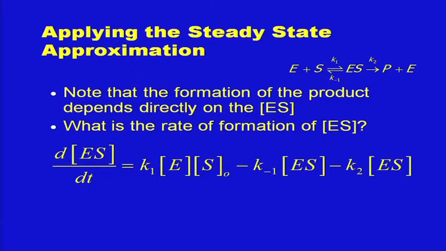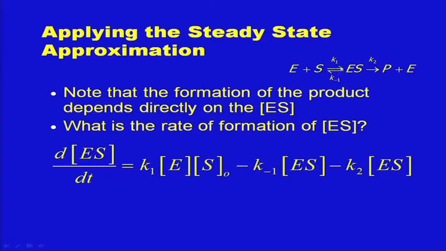Now, what is the rate of formation of ES? Rate of formation of ES involves this step. This is the formation step, and this is your dissociation step, the back reaction, and by this route the amount of ES is depleted.